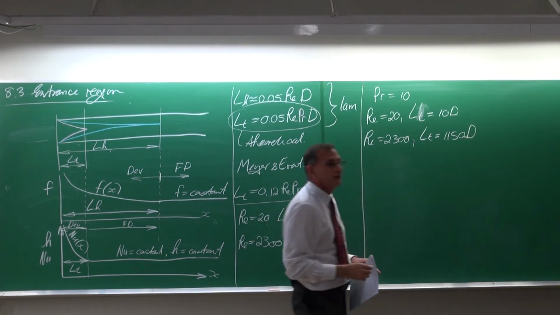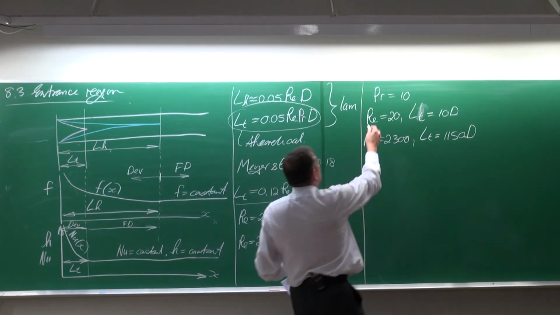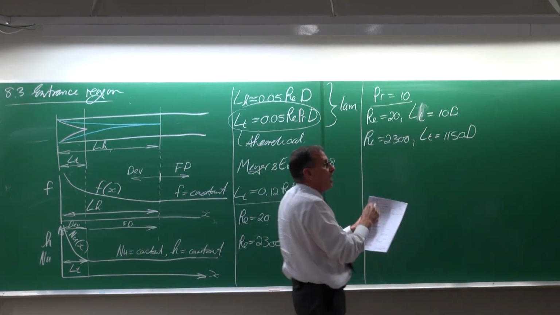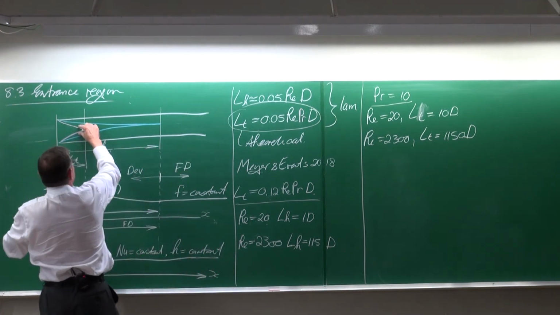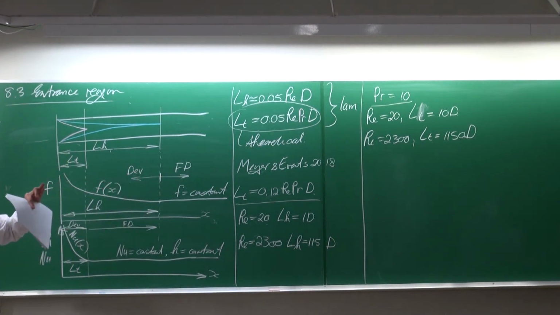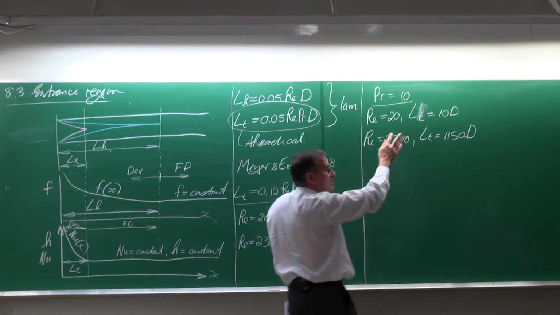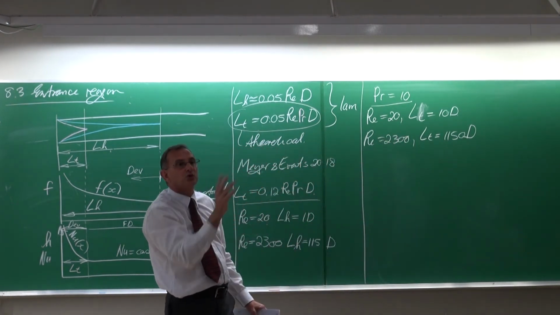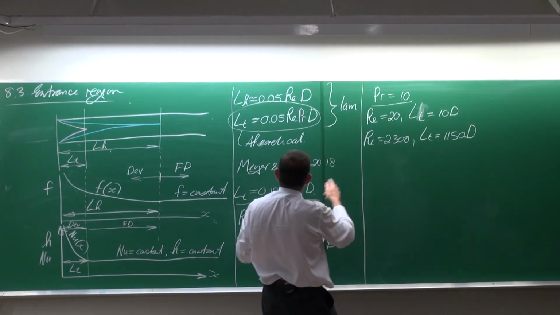It takes a long time before it is fully developed. So we can see that if the Prandtl number is larger than 1, the temperature boundary layer will be much longer than that of the velocity boundary layer. Prandtl numbers of order of magnitude 10 are most liquids. The Prandtl number of water is 7. Air has a Prandtl number smaller than 1.